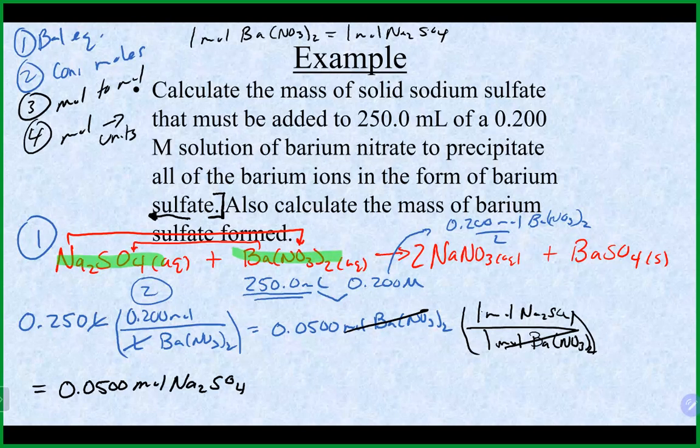So that's going to be 2 times our 22.99 for sodium, plus our 32.07 for our sulfur, plus 4 times 16 for our oxygen. And all those numbers obviously come from the periodic table. And that's going to be 2 times 22.99 plus 32.07 plus 4 times 16, about 142.1.